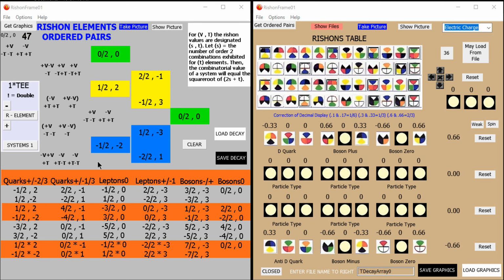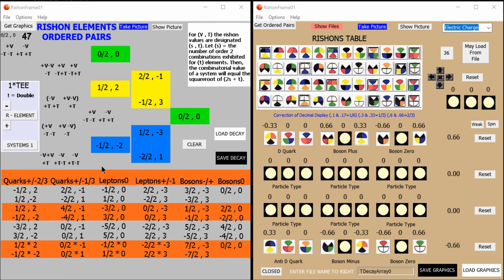First, let's look at the composition of, or we can say, what ordered pairs vectorly add up to make the T quark in terms of these ordered pairs.